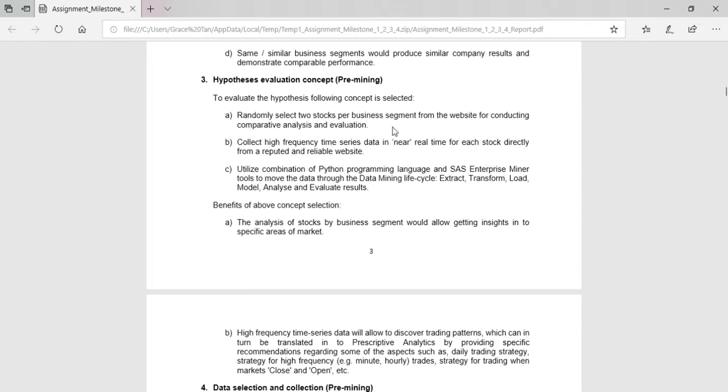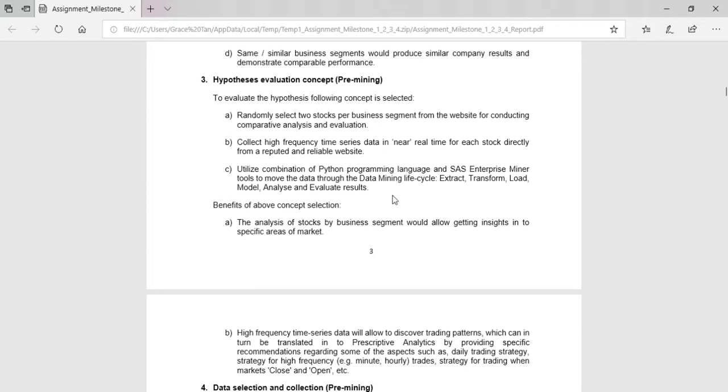Since we have 3 business segments, we will have 6 stocks that we will be selecting from the website, and we will be collecting the data in near real time from a reliable and reputed website at a very high frequency so that we gather a lot of time series data on which we can perform a very good amount of detailed analysis.